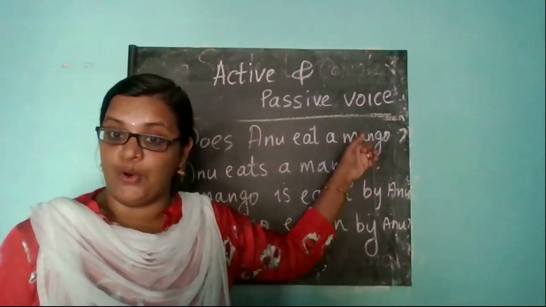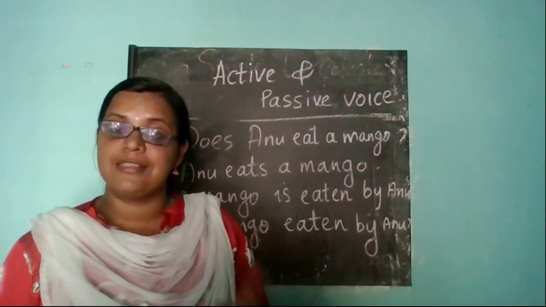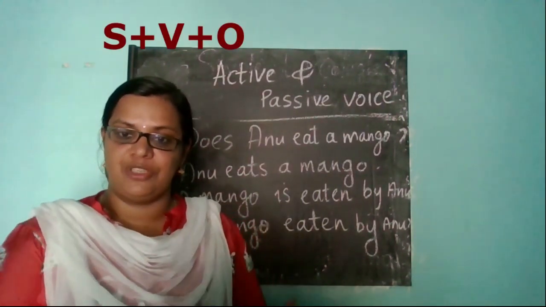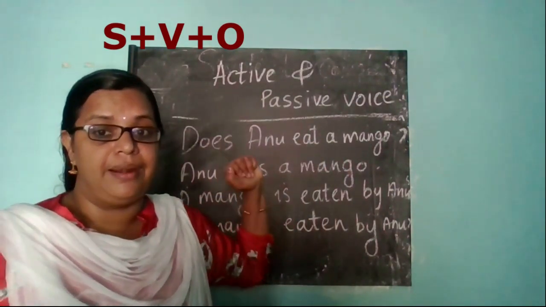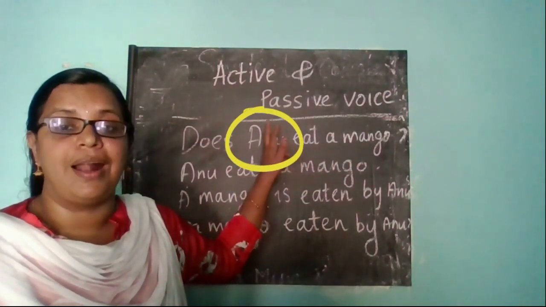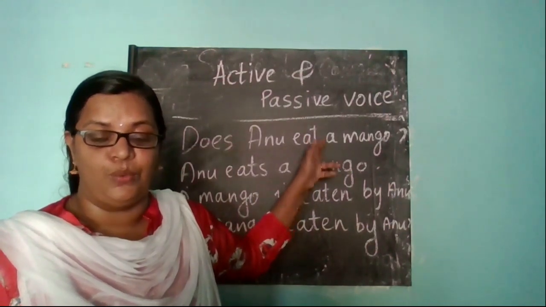You have to convert this interrogative sentence into SVO pattern. That means subject, verb, object. Which is the subject here? Who is doing the action? Anu. So Anu is the subject. So you can start with Anu.